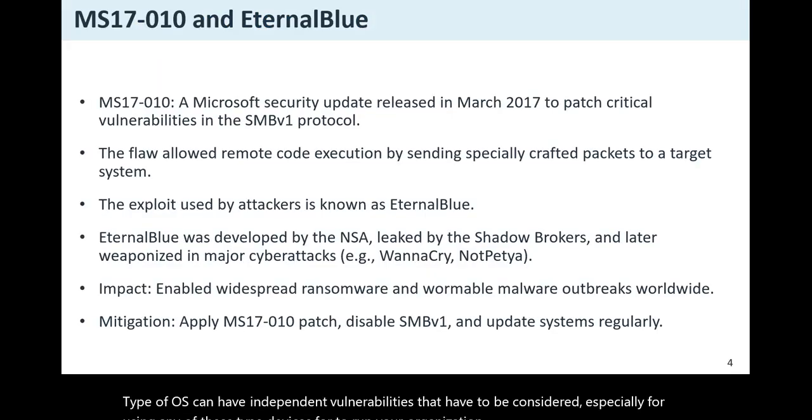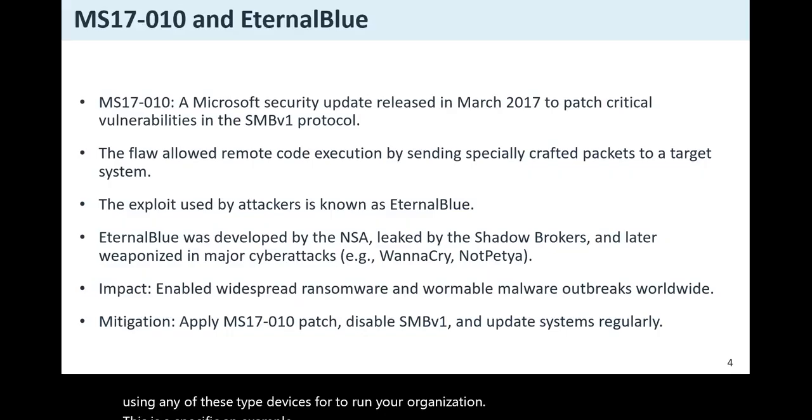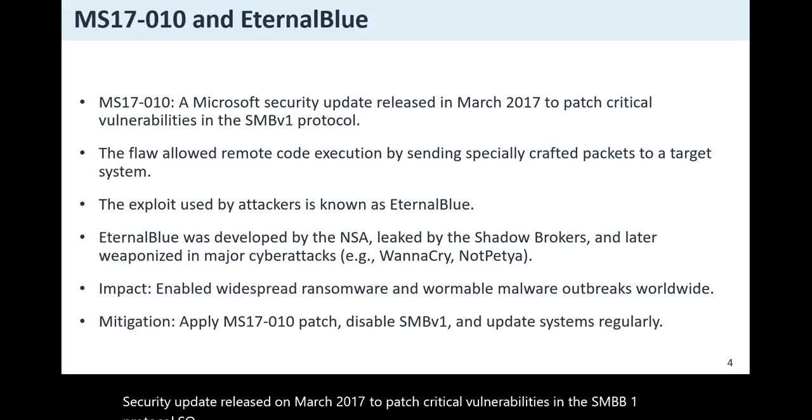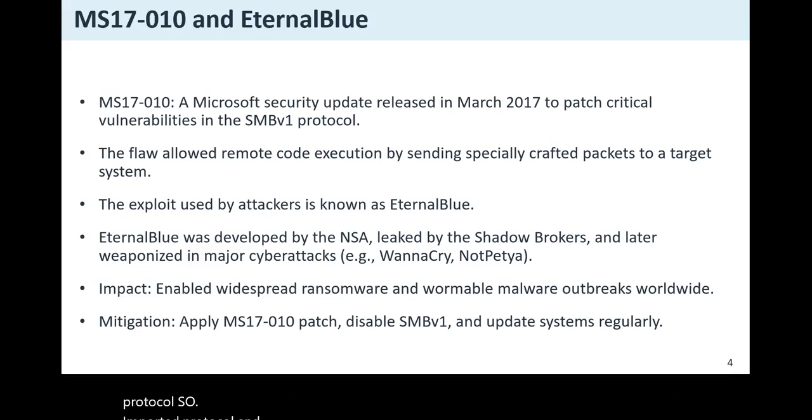This is a specific example of a vulnerability, MS17-010 and EternalBlue. It was a Microsoft security update released in March 2017 to patch critical vulnerabilities in the SMBv1 protocol. That's an important protocol, especially in a Microsoft server network, or anything that needs to communicate with a Microsoft server.